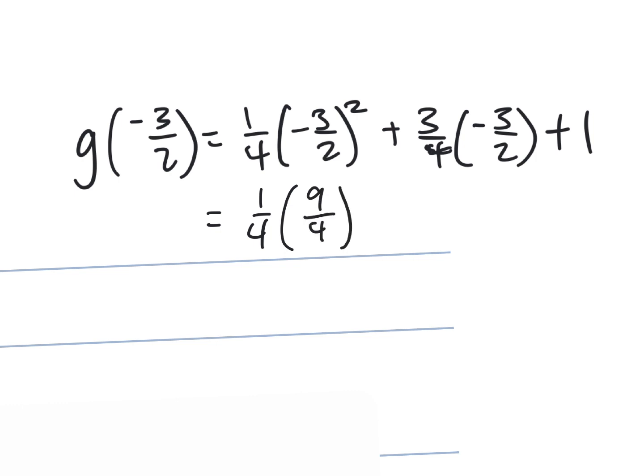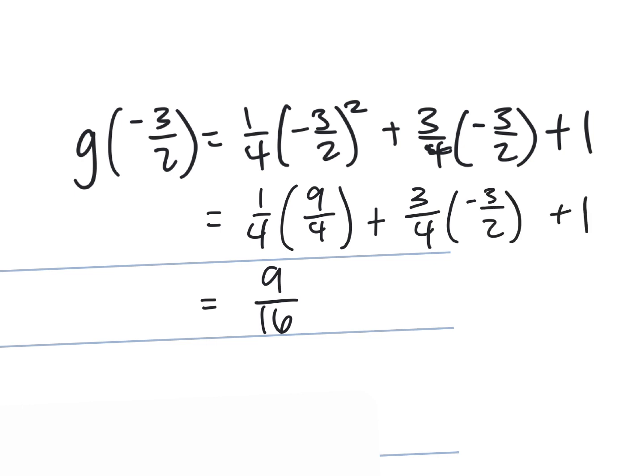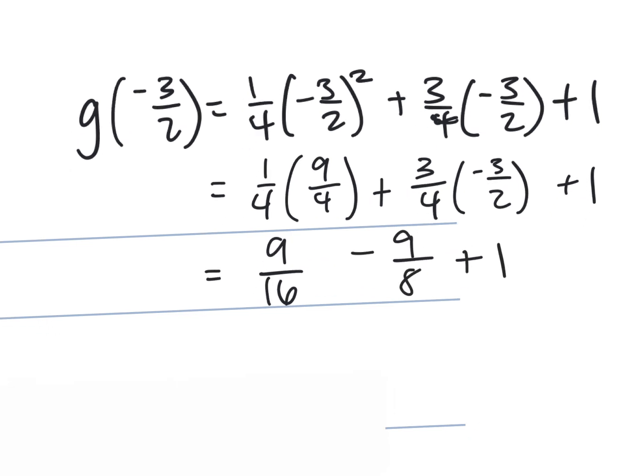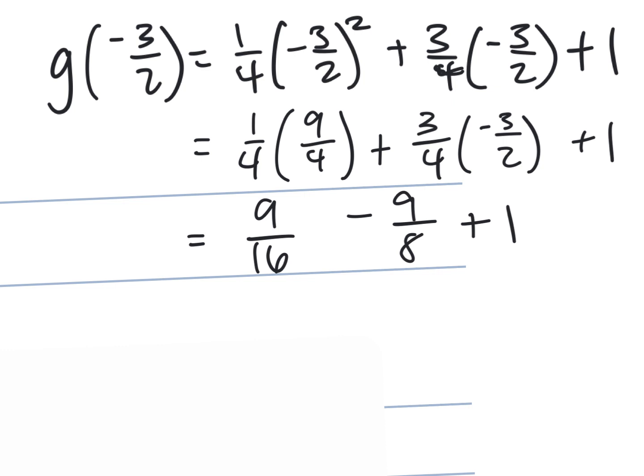And then 1/4 times 9/4 is 9/16. So this is going to be 9/16. Good. And then I started doing the next step, which was 3/4 times negative 3/2, and I got negative 9/8. Excellent. And then I added the 1, and I know that I had to change the denominator to be 16, so I multiplied the top and the bottom by 2.